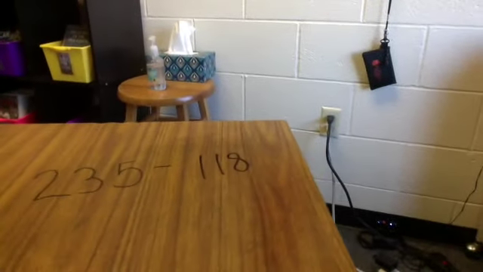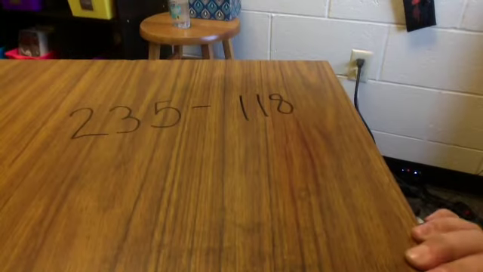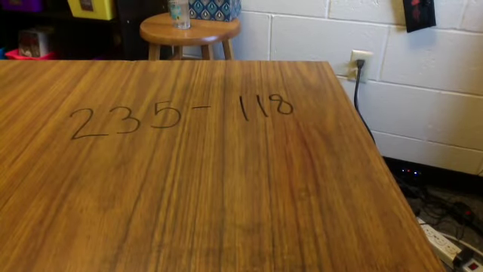All right, so I am going to go over the problem, and we are going to see what happens. So with my sticks and bundles, here we go. So 235 minus 118. What number am I going to show with sticks and bundles?